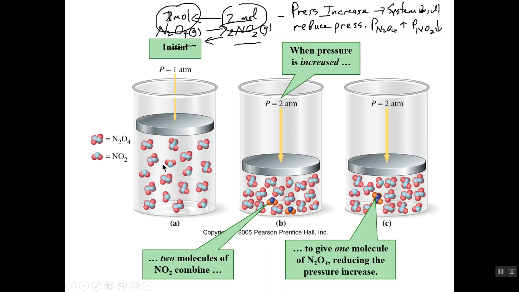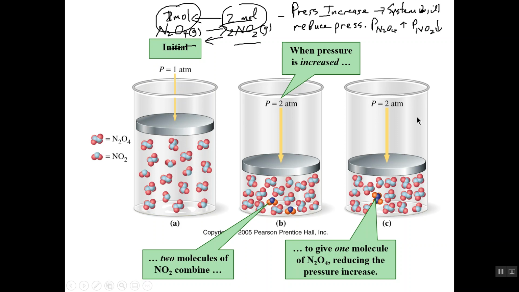I mistakenly said that this was only N2O4. When you increase the pressure, you're favoring the formation of N2O4, when two of these molecules come together to form N2O4, and as a result, the pressure will reduce, in opposition to what was imposed, which was a pressure increase to begin with.